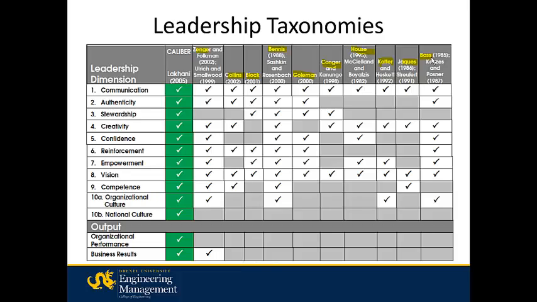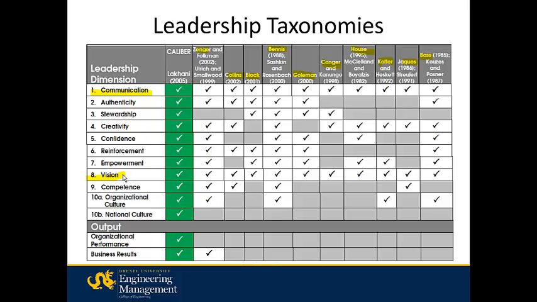And what we did is we wanted to create a comparative taxonomy of where the different focuses were. Overall, we found that communication and vision were foundations for all leadership models. So no matter what model you use, any model is going to have those two critical elements.